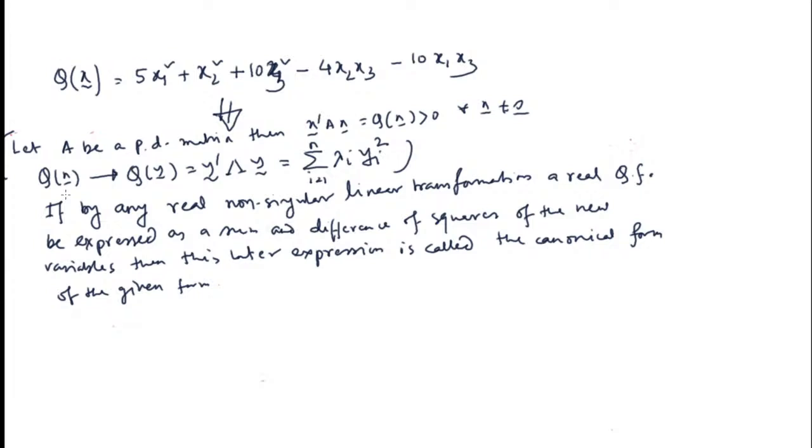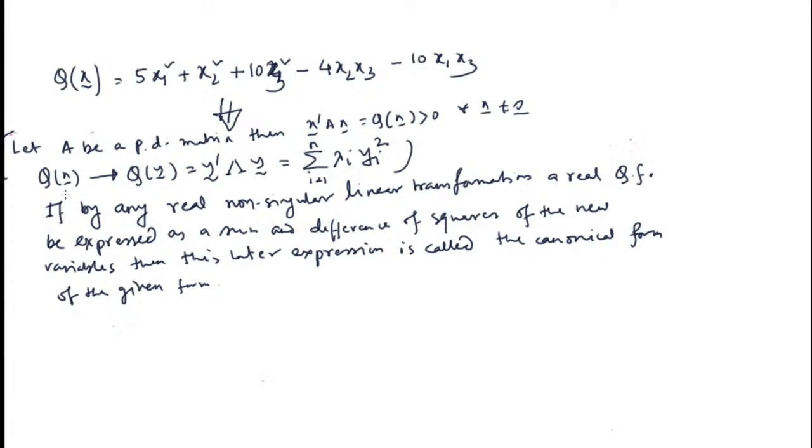So this quadratic form Qx curl can be expressed as a sum of squares of new variables y1, y2, yn. If it is negative definite, then all lambda should be less than 0.